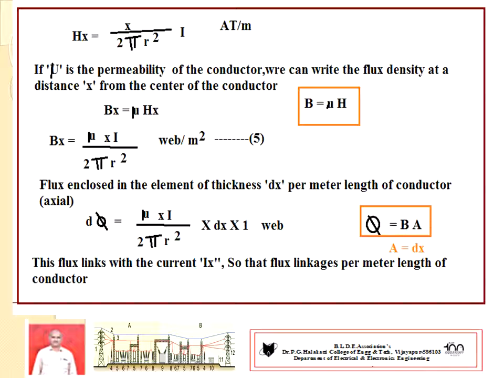Hence φ equal to B into A. We know the flux density, so substitute Bx and dx into 1 for the area.